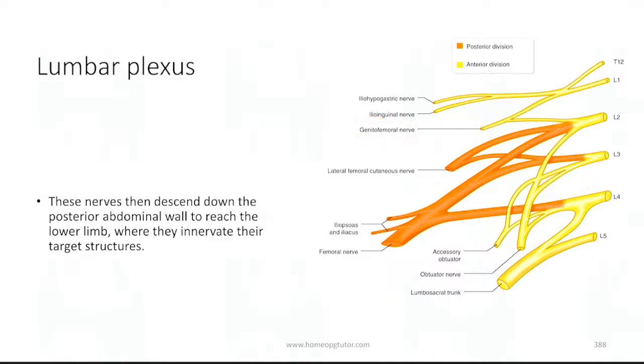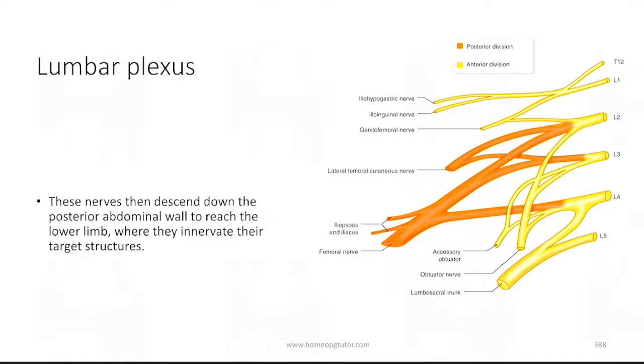Just remember the names, that is enough. Iliohypogastric, ilioinguinal, genitofemoral. Then we have accessory obturator nerve and lumbosacral trunk, that is via the anterior division. So questions will not come as that of brachial plexus. Brachial plexus had nerves originating from the trunk, from the root, etc., right?